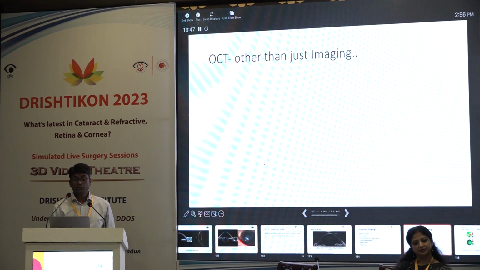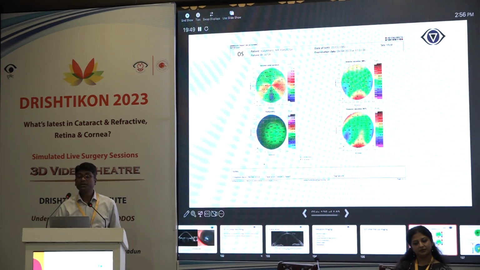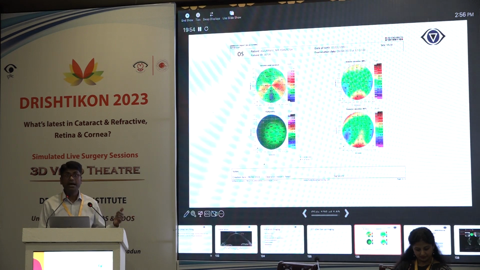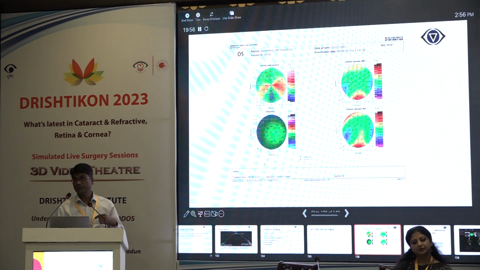Other than imaging, at least Anterior, we have a tomographer as well. And this tomographer is extremely helpful for me when I'm imaging my steep corneas. Suppose Scheimpflug camera has a limitation. The moment you go beyond 55 diopters, it becomes unreliable. But here it is very reliable. Even with 70 diopters, 75 diopters, absolutely reliable.